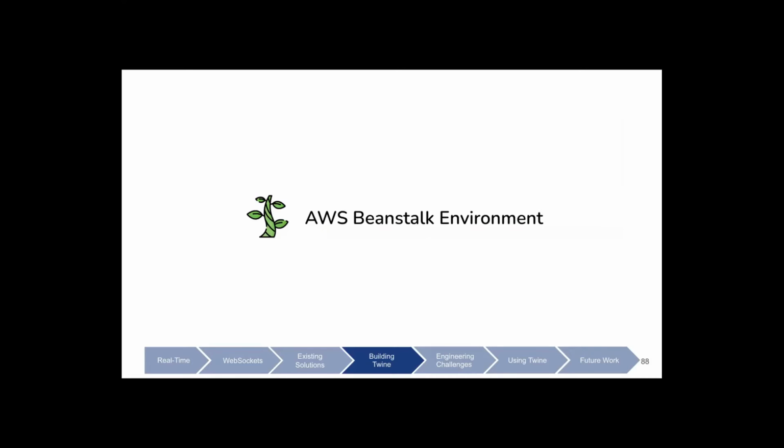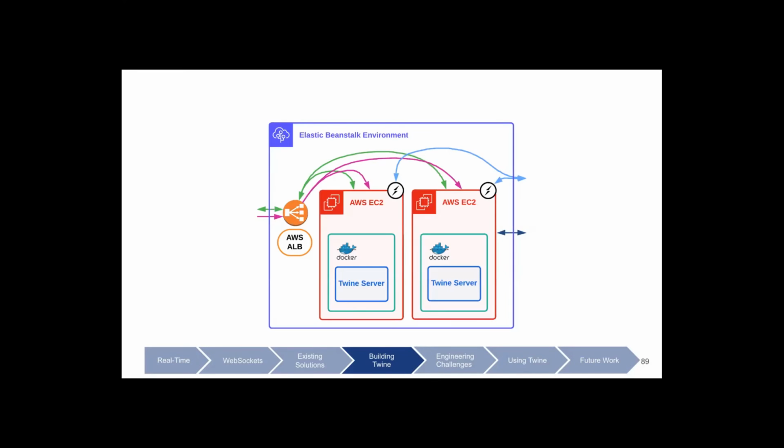To improve the ease of use for Twine clients and avoid the need to manually maintain EC2 instances, Twine utilizes Amazon's Elastic Beanstalk, a managed platform as a service that abstracts away the complexities of EC2 maintenance. In addition to automating maintenance, Elastic Beanstalk also automates the deployment of Twine's server instances and application load balancing.